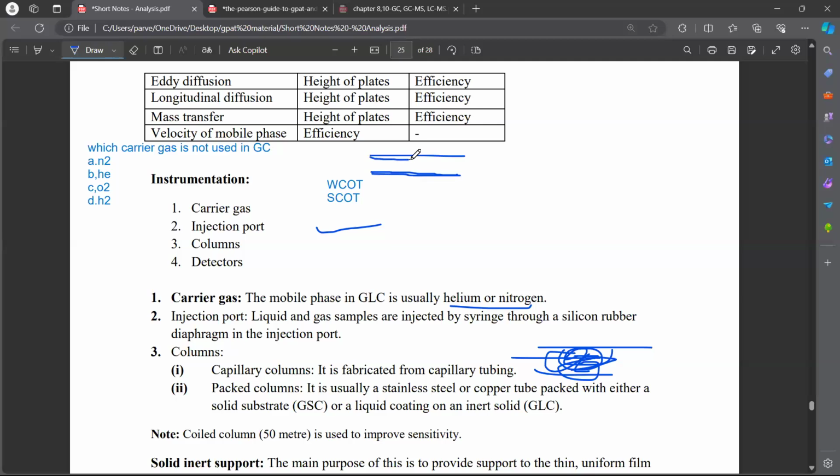In the support coated open tubular column, the stationary phase is coated on supporting particles, and the mobile phase is present on the surface of this particle.